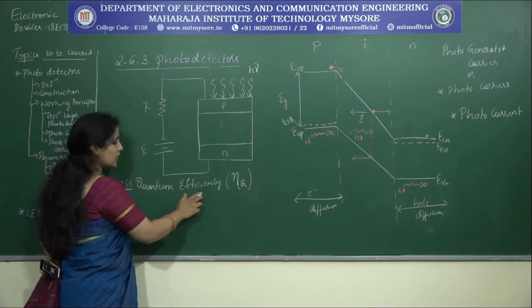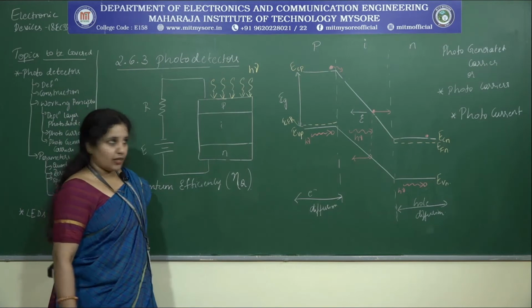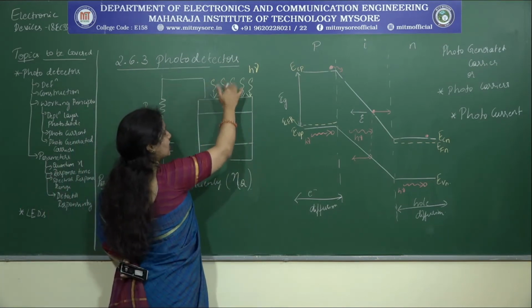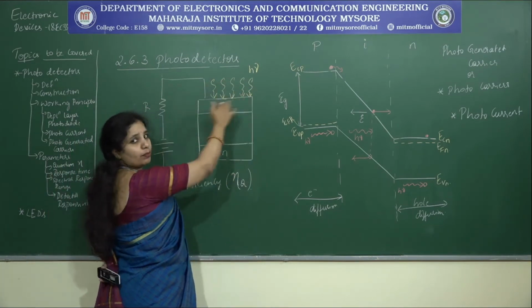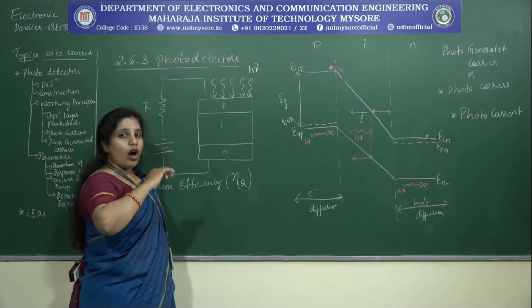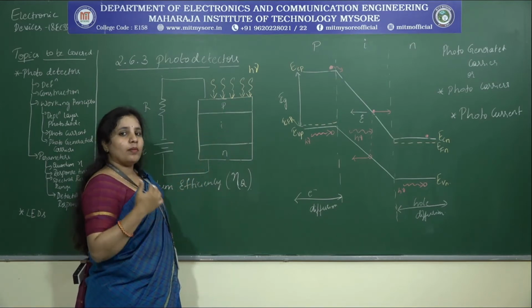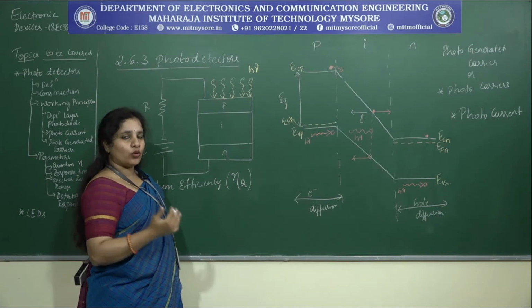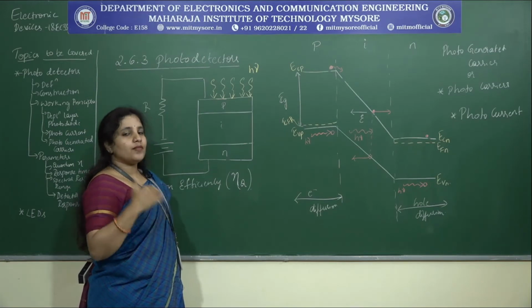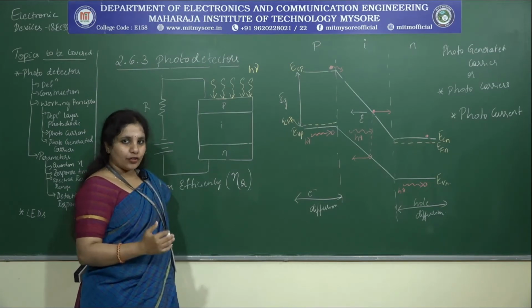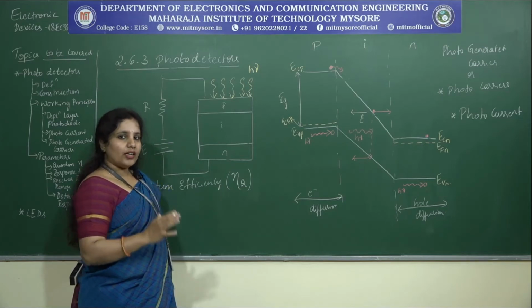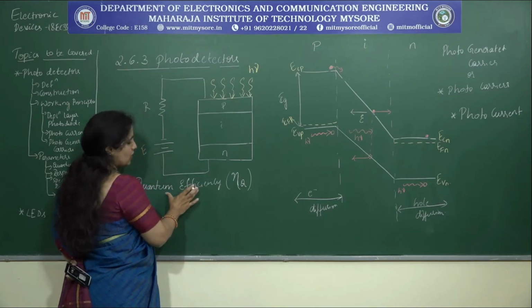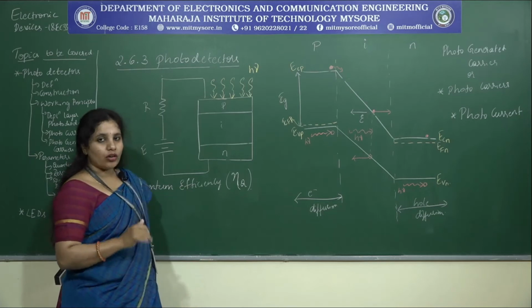Now, what this quantum efficiency indicates is, out of the photons impinging on the pin photodiode, how many of them are successfully able to generate photo carriers, which in turn help in the increase in the current flow. That is what the quantum efficiency defines.